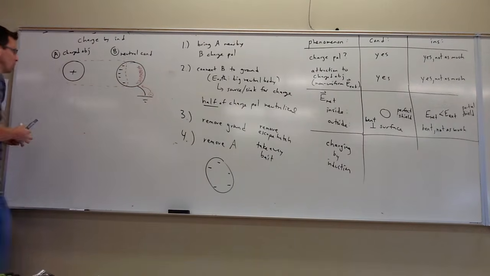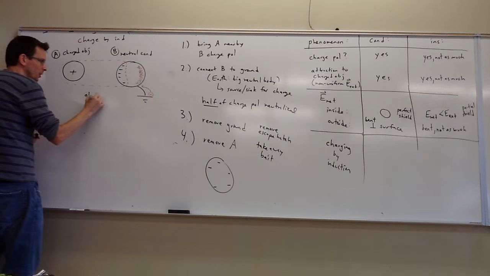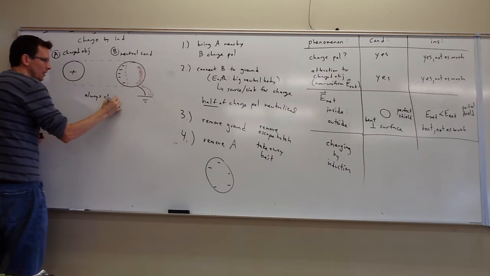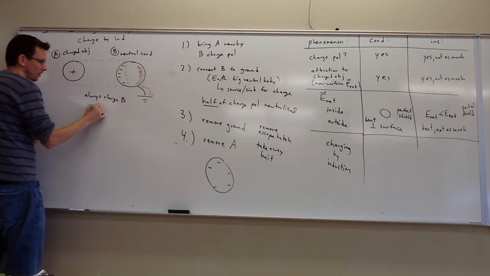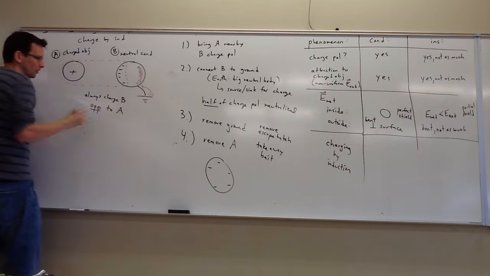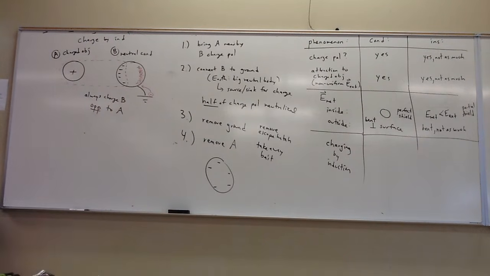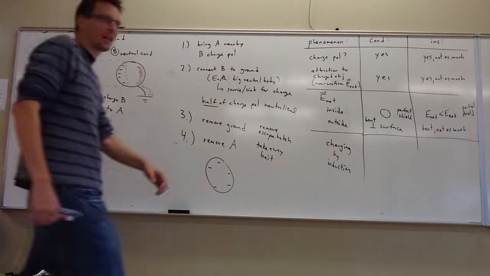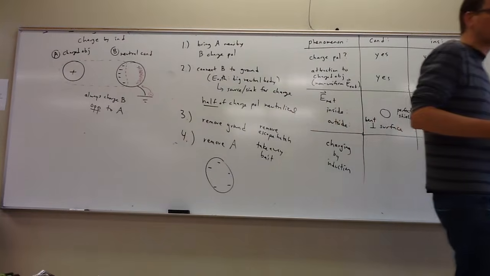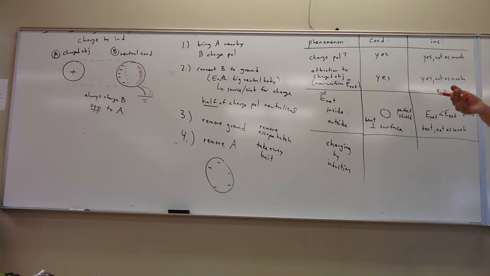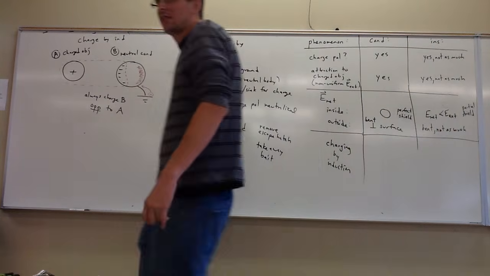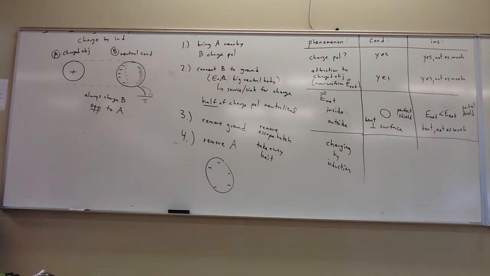And so you'll always charge B opposite to A, right? Because that is ultimately how you are getting the charge on your object: you're taking the half of the charge polarization that's attracted to the object you bring nearby for the bait, and then you cancel the other half with the ground, okay?